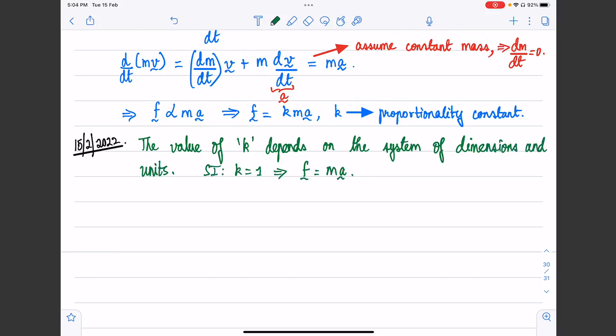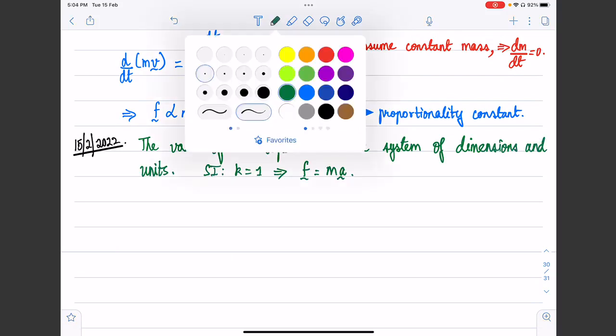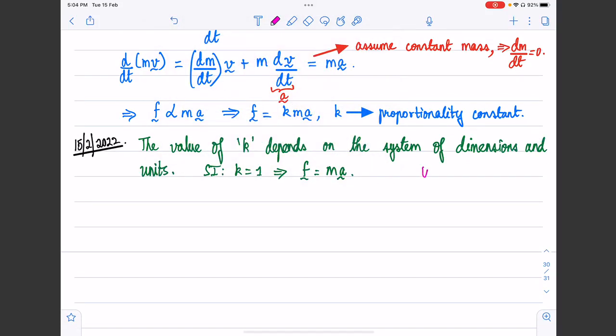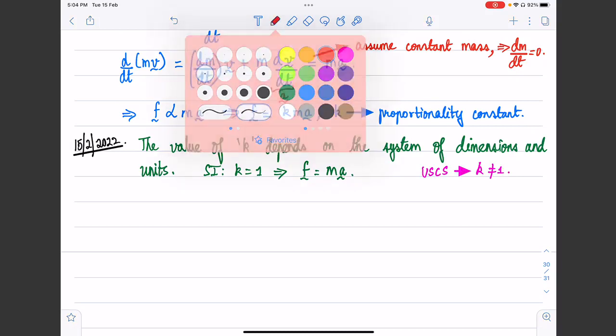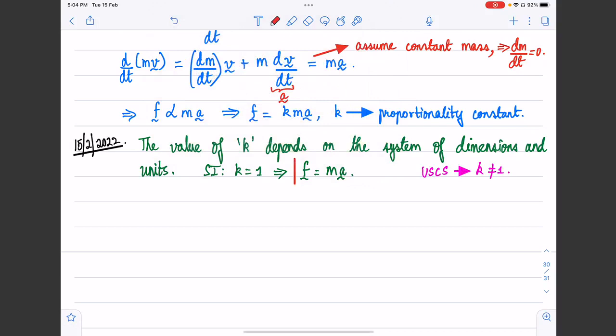There are units, for example, the United States customary system of units, which is called USCS, where k is not equal to 1. So I will let you figure out what this unit system is and what is the value of k in that system of units, as an exercise, but please do look it up, it's very interesting.